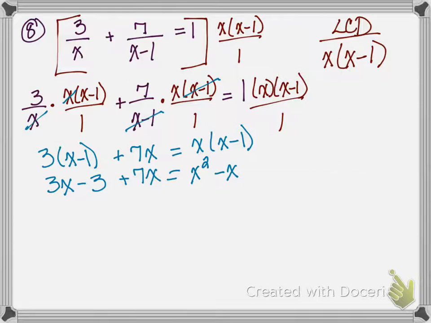Okay? The next thing that I'm going to do is combine like terms on the left-hand side. Do you see how I've got a 3x and a 7x? That's going to be 10x. And then I'm left with a minus 3.